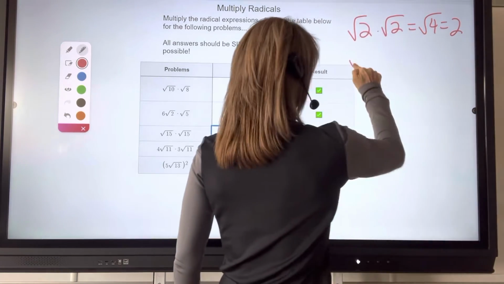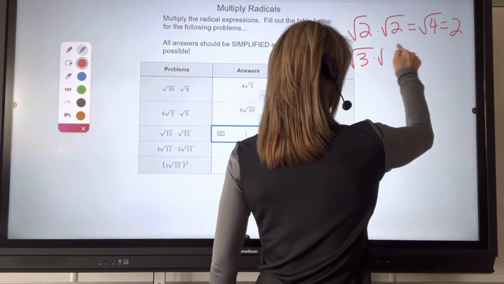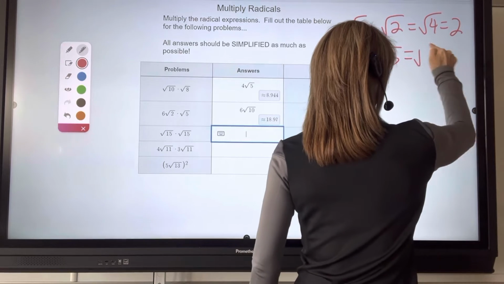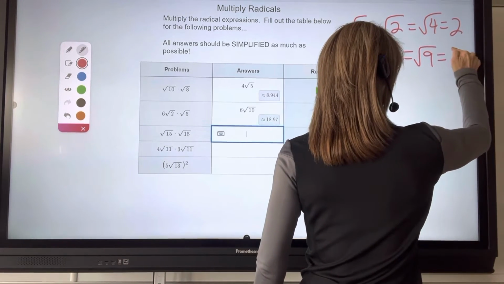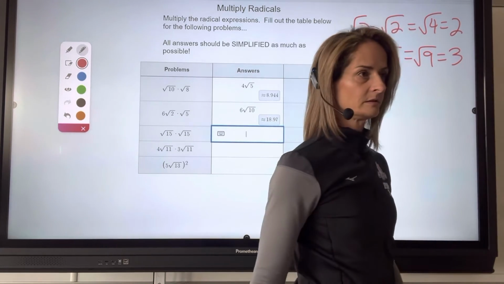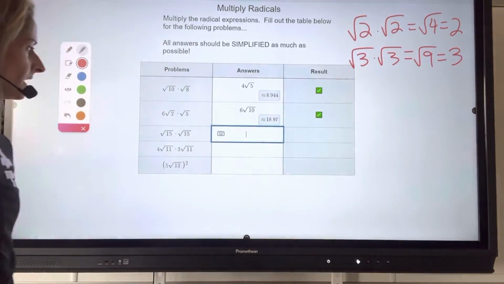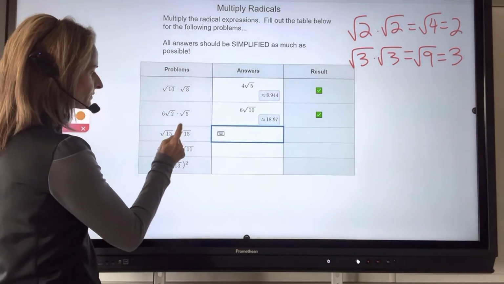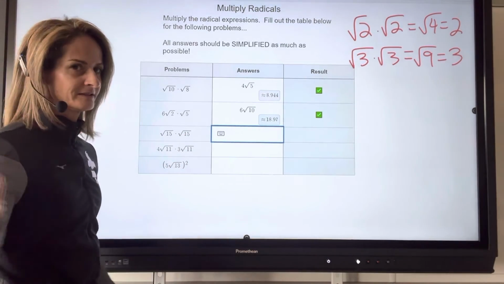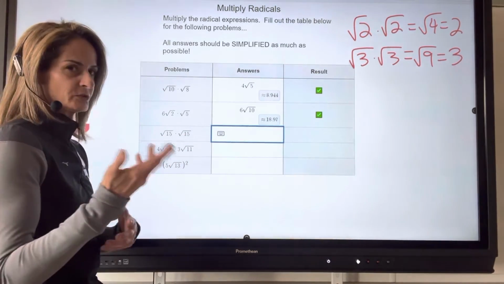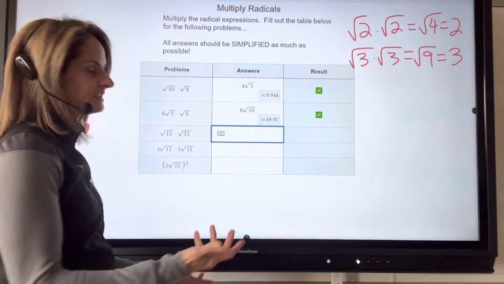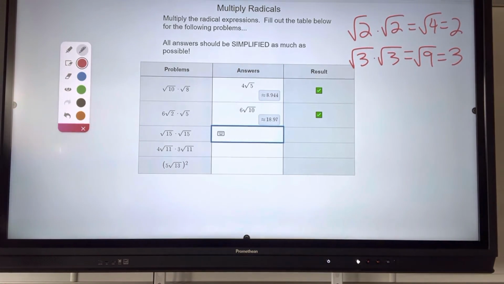The square root of 3 times the square root of 3 equals the square root of 9, which is 3, right? So, following that pattern, what's the square root of 15 times the square root of 15 going to be? 15. We can just skip that step. 15 it is. We're going to need that.